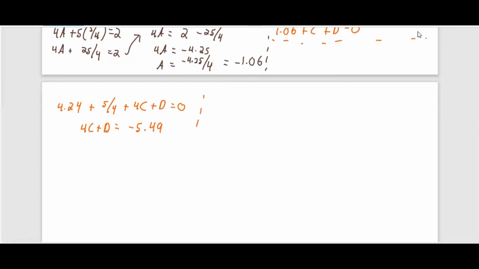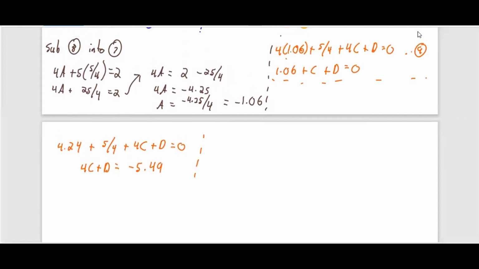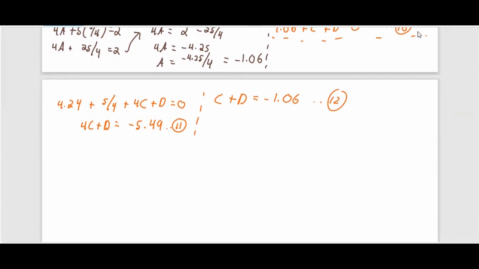And then the other one, what it was here. So the C plus D, that's equal to minus 1.06. So it's 10. This is 11, and this is 12. All right, so now we can finally solve them simultaneously.